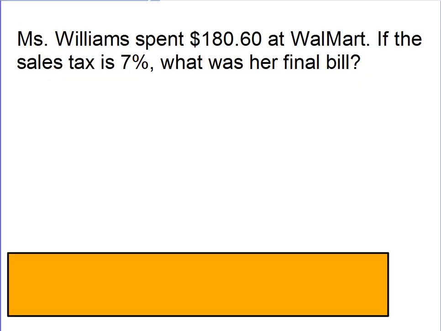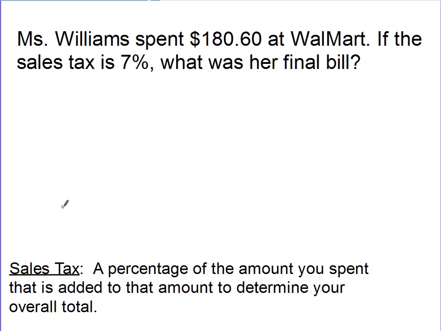Let's try another one. Ms. Williams spent $180.60 at Walmart. If the sales tax is 7%, what is her final bill? Well, sales tax. That's what we're looking for in this particular case. So what is sales tax? Well, sales tax is a percentage of the amount you spent that is added to that amount to determine your overall total.